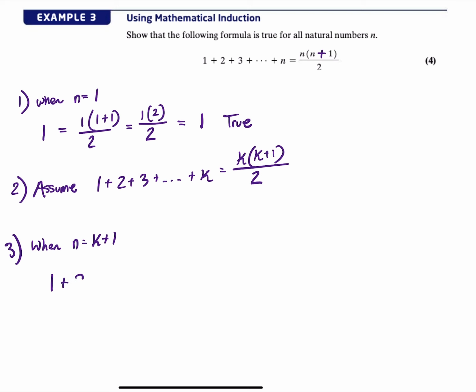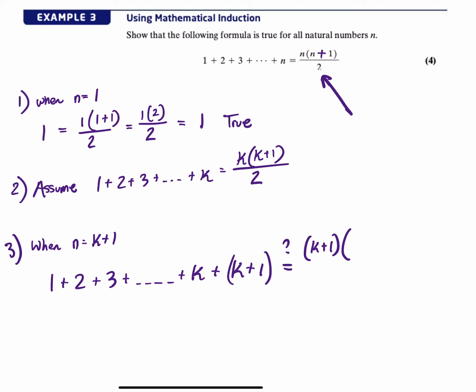So 1 plus 2 plus 3, we're going to pass k and go to the next term, k plus 1. And we need to show that this will be equal to the right side of our original formula if we were to plug in k plus 1 for n, meaning this needs to be equal to k plus 1 times k plus 1 plus 1 all over 2.